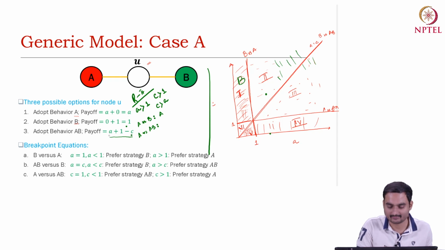C is greater than A, so A minus C would be negative. You are subtracting something from 1, so that would be less than 1, whereas if you choose A, it would be A, which is greater than 1, so A will be chosen. Therefore in region 2, A will be chosen.